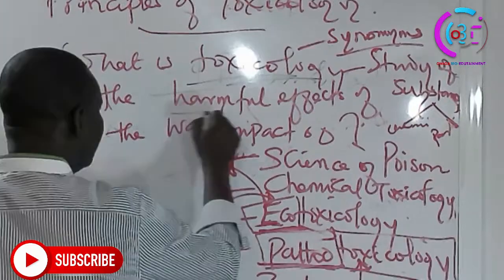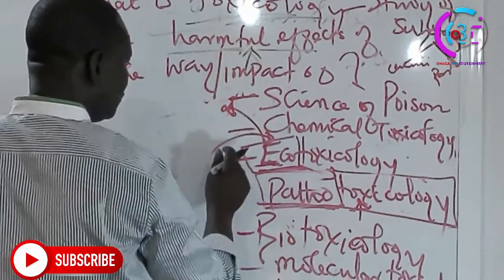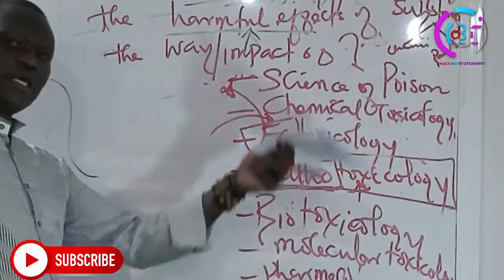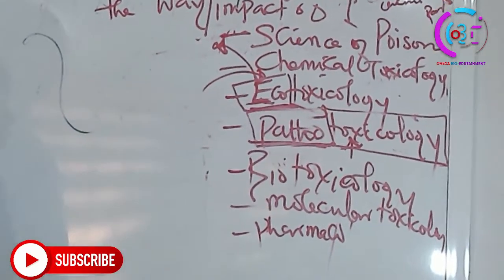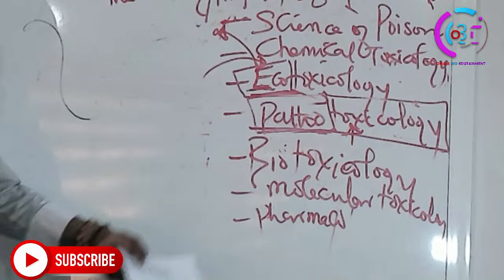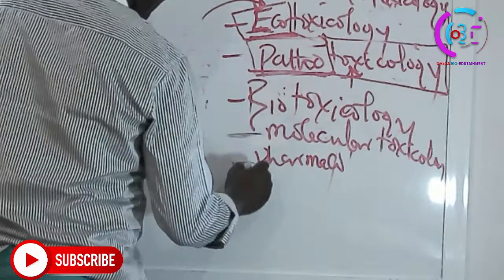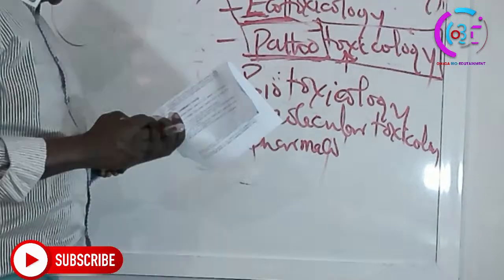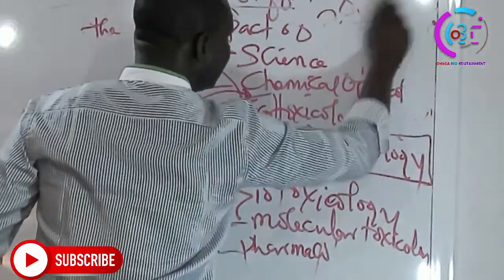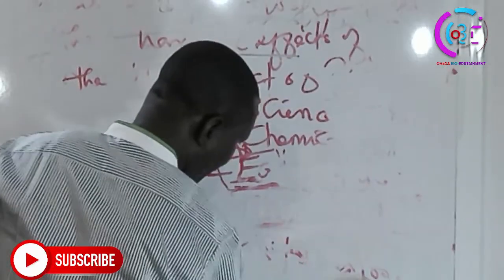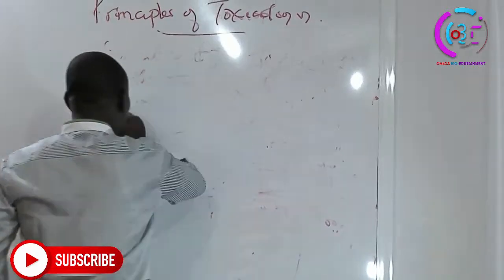So another word for toxicology is the science of poison, in the form of chemical toxicology, ecotoxicology, pathotoxicology, biotoxicology, and so on. So that is that about some synonyms or branches of toxicology.